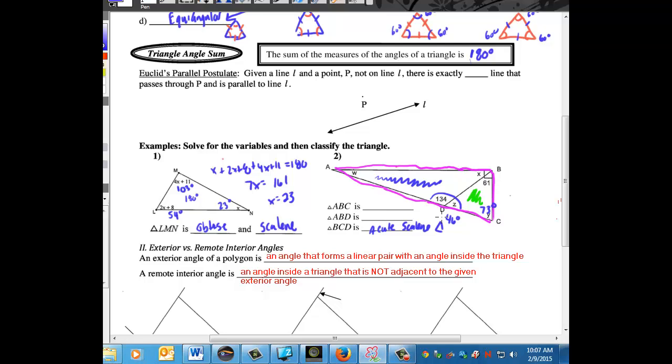And next, if I know that I have a 90-degree box right here and 61 of it gets used up, I can put 29 degrees here. And then that means angle W has to be 180 minus 163, so 17 degrees, because 134 plus 29 is 163 and this triangle is going to add up to 180 degrees. So triangle ABD is going to be obtuse scalene.